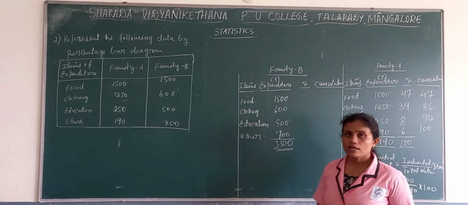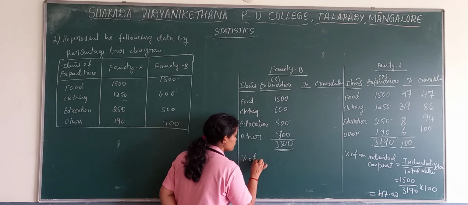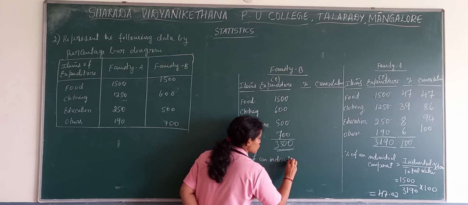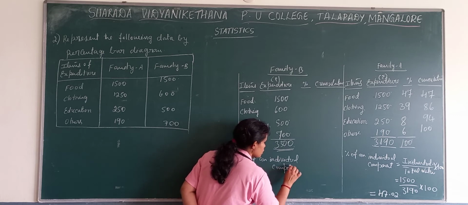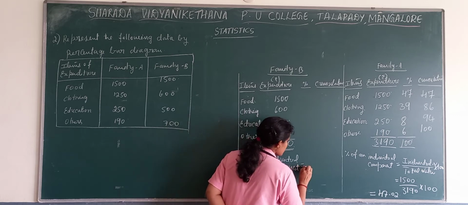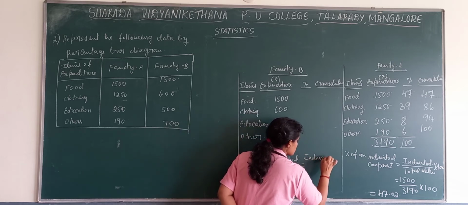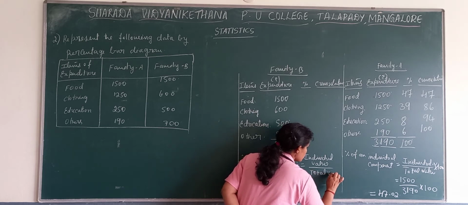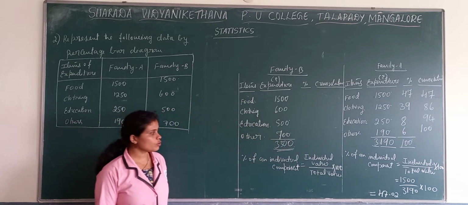Now we need to find out the percentage. Write the formula there. Percentage of an individual component is equal to individual value divided by total value into 100.